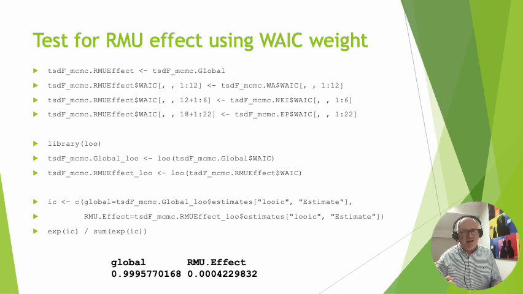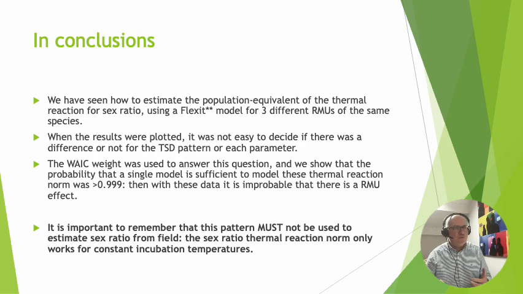Only in 5 out of 1,000 times is a model with RMU effect the best of these two models. So we can conclude with relatively good certainty that a single model is sufficient.